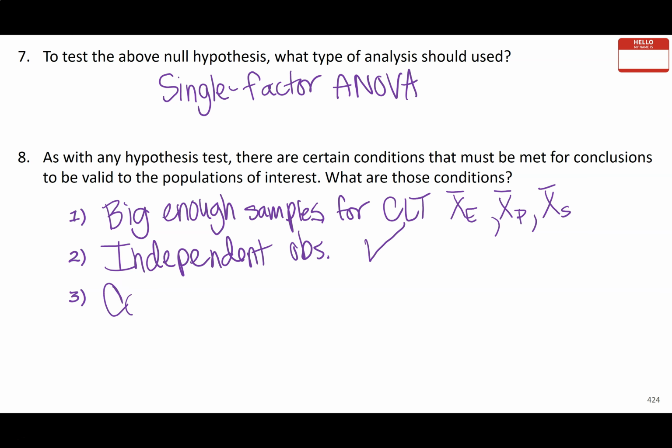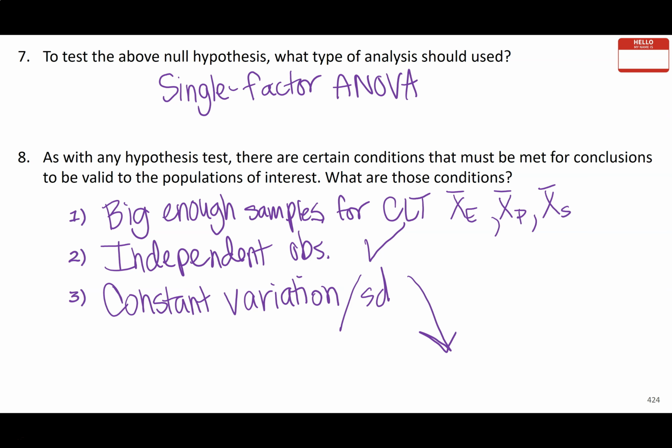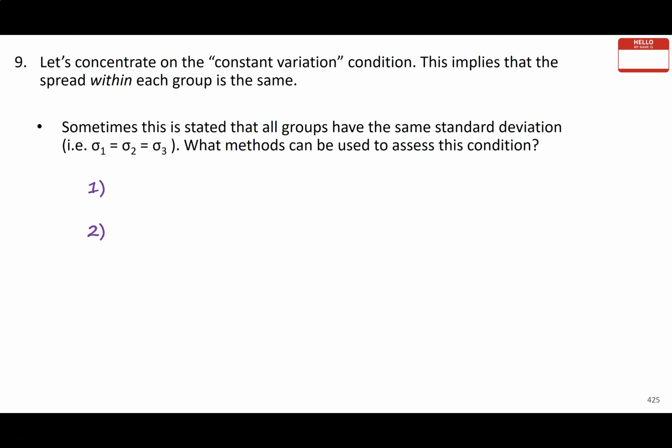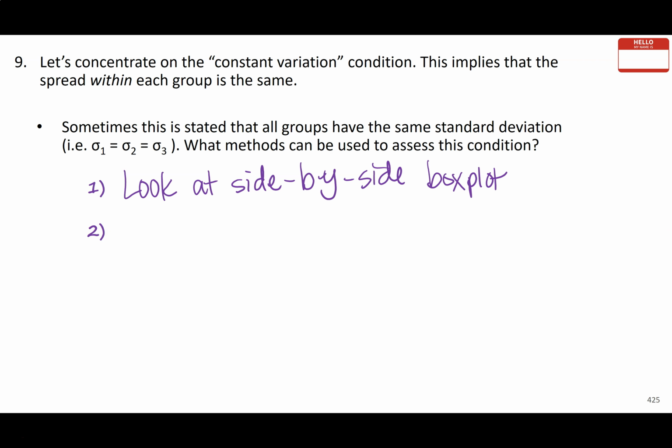And then constant variation or standard deviation. We're going to look on the next page for that one. Here we talk about the constant variance condition. It implies the spread within each group is roughly the same. It doesn't have to be exactly the same, but it needs to be close enough. One way is to look at the side-by-side box plot and determine whether they are spread out similarly, which is what we were doing, eyeballing it.